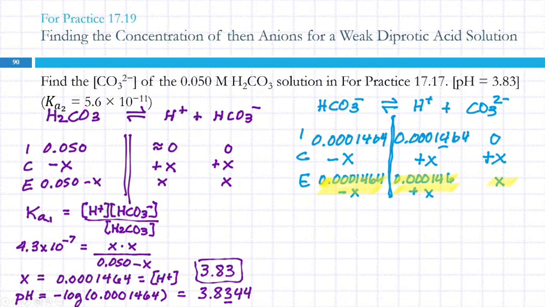Write the equilibrium constant expression for Ka2. It's going to be H plus times CO3 2 minus divided by HCO3 minus.